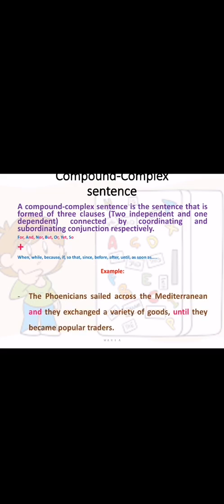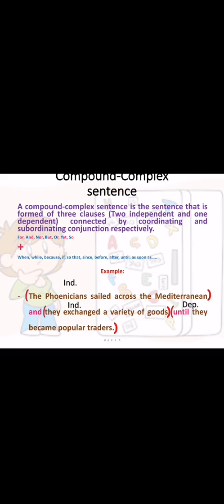Example: The Phoenicians sailed across the Mediterranean and they exchanged a variety of goods, until they became popular traders. It is about three clauses. Two of them are independent and one of them is dependent.